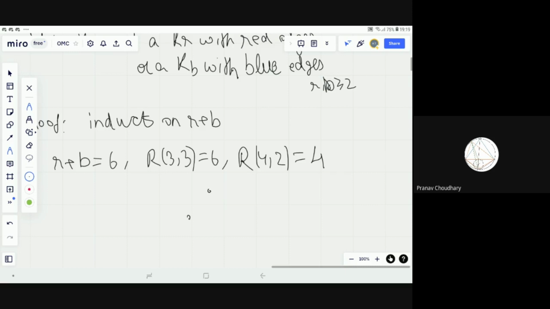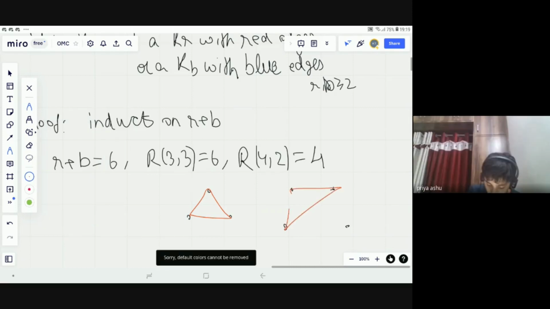You have a K3 with red edges, there is no K2 with blue, and this is not even a K4. Now take four vertices. If you have any two as blue, it will be a K2 with blue. So all should be red, but in that case, you have a K4 with red. Perfect. So is everyone clear with that proof?